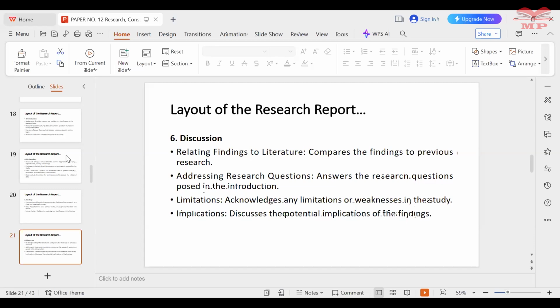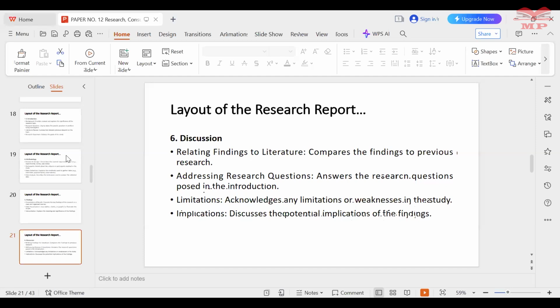Then implications. When it comes to the discussion, implication discusses the potential implications of the findings. If, for instance, previously it has been assumed that during the cold season, wearing warm clothes would help people in avoiding particular diseases, and a finding comes out that is different, it may have potential implications on how people approach maybe dressing and fashion, or it may address how people in future will have particular patterns in terms of consumption or decision making in terms of study techniques, among others.